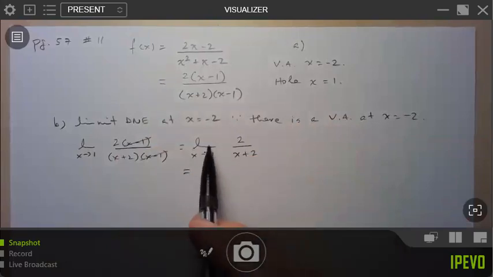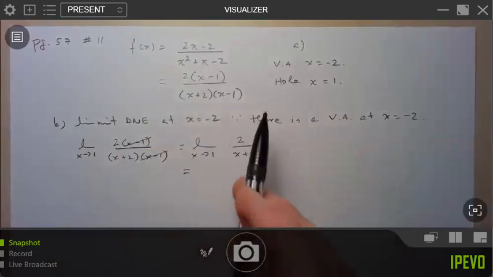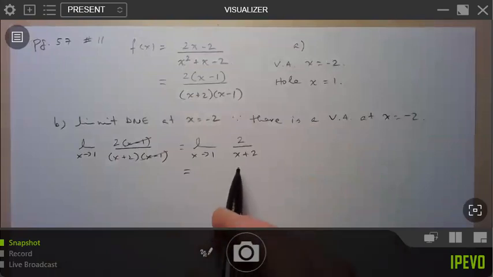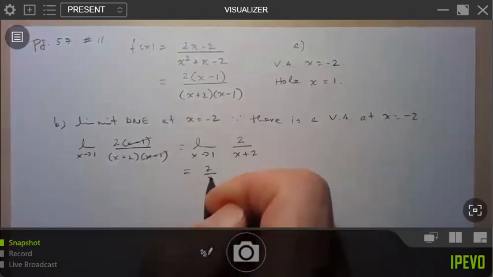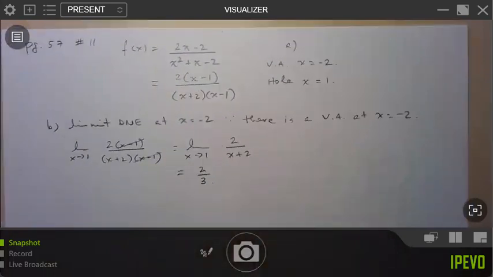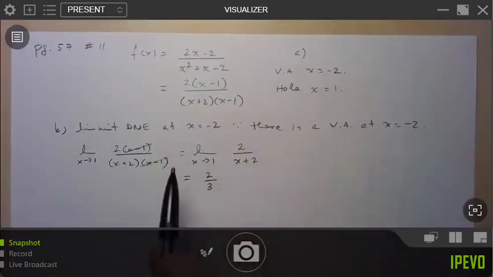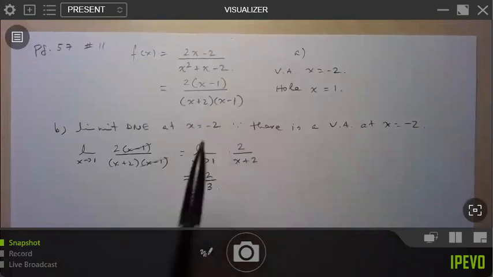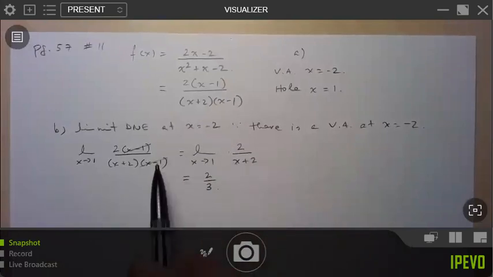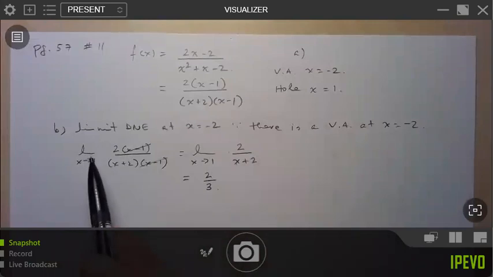And so the limit does indeed exist, even though the function's not defined there. And it would be, so looks like 2 over 1 plus 2, looks like it would be 2/3. Okay. So here, there was nothing to do because there's a vertical asymptote, limit cannot exist. Whereas here, because we have a hole, we can take the limit and it still approaches a particular number, even though it's not defined there.